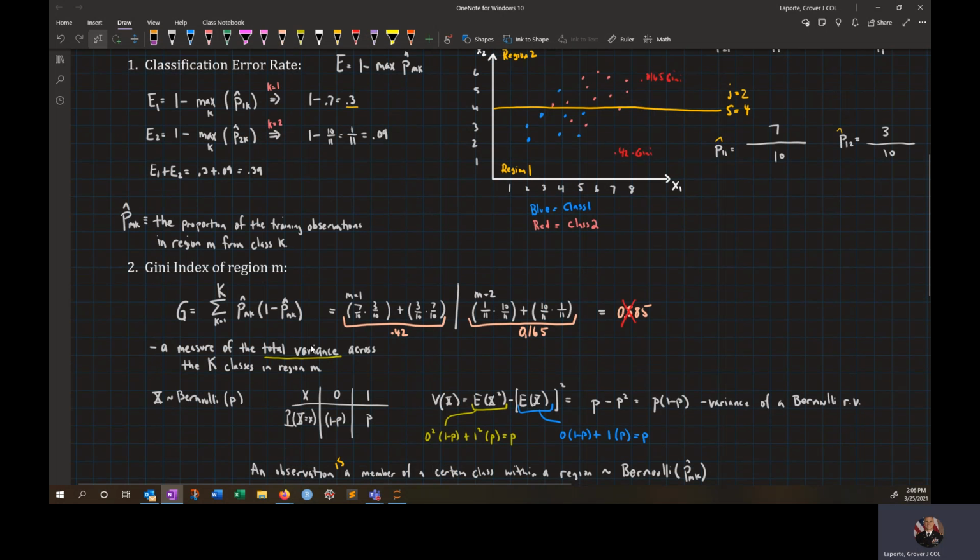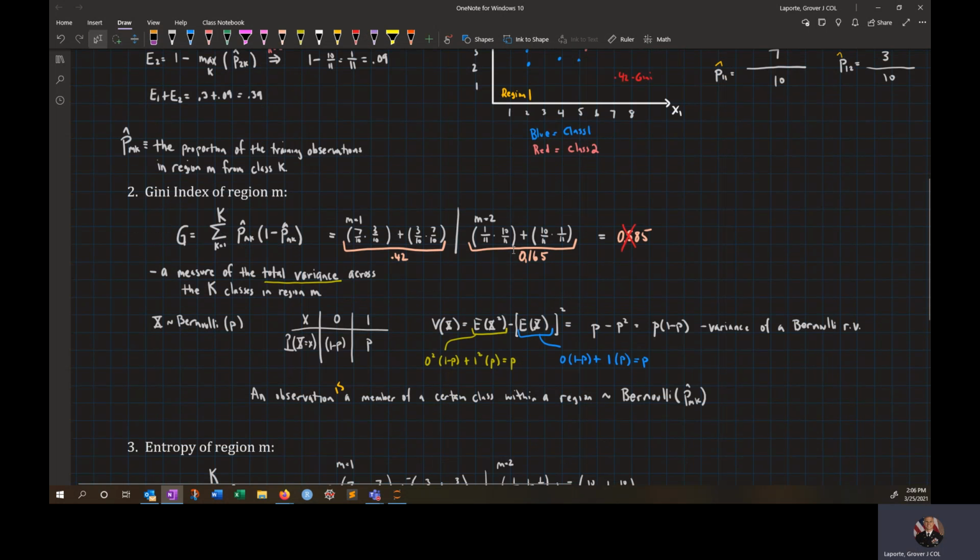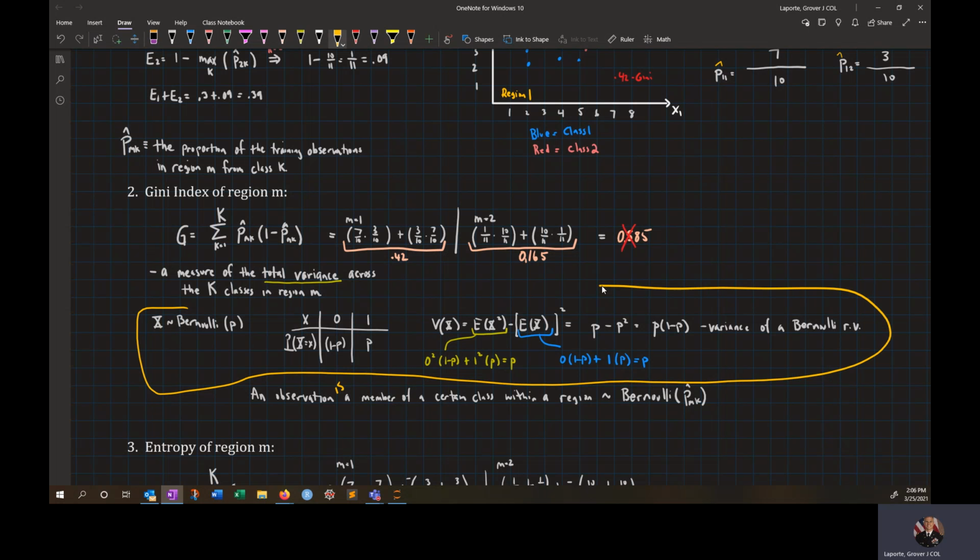It's just a measure. So this is a measure of variance. And so I'm going to put a circle around the entire explanation that this is actually a variance. So this is using the Bernoulli random variable and understanding that the variance of a Bernoulli random variable, if you did all the math associated with that, you'll get P times 1 minus P, where P is the probability that X is true.